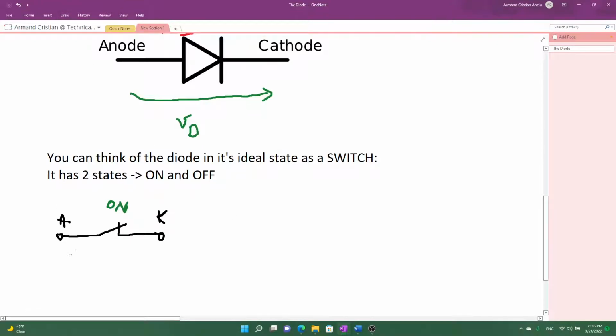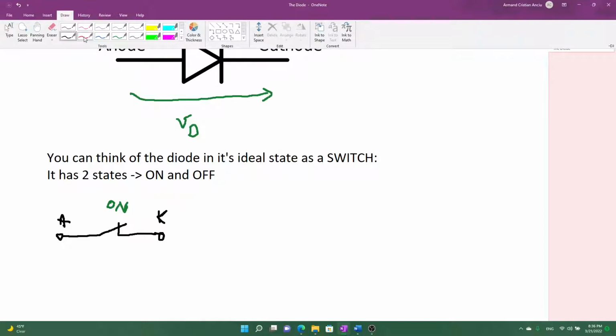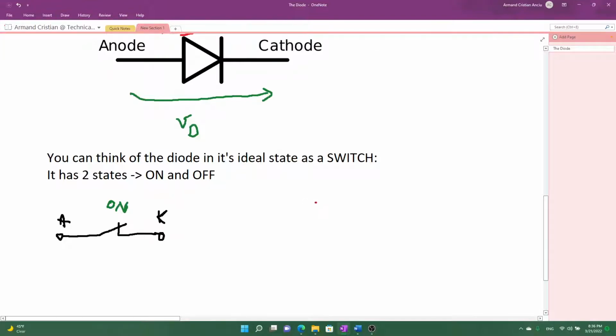This is the ideal diode in the on state, and in the off state our diode is basically an open circuit, like this.